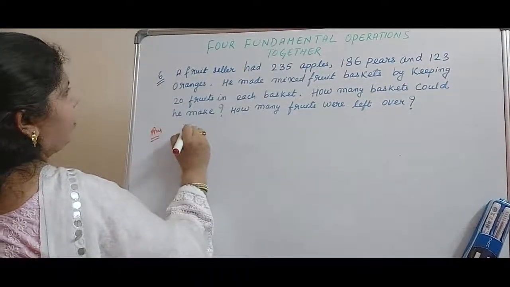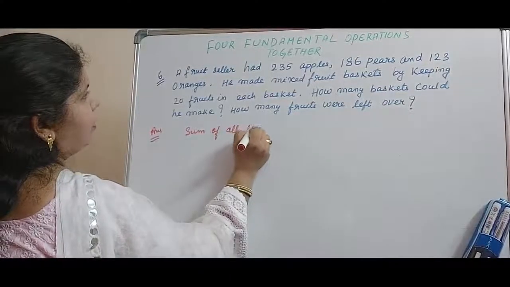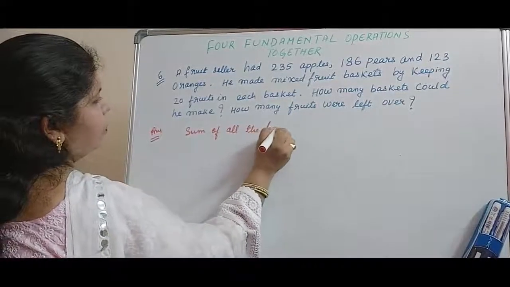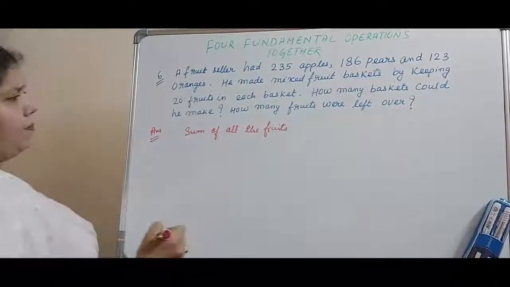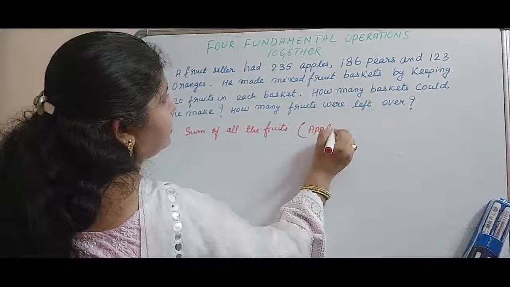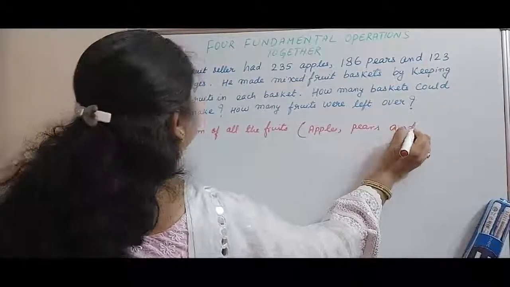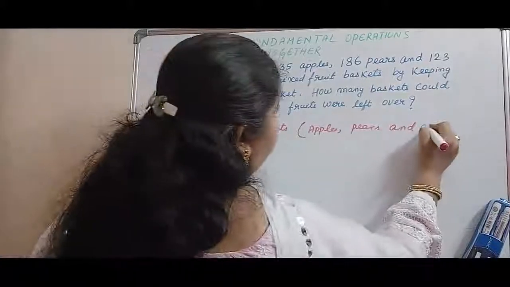So write down sum of all the fruits. In bracket you write what are the fruit names: apples, pears and oranges.